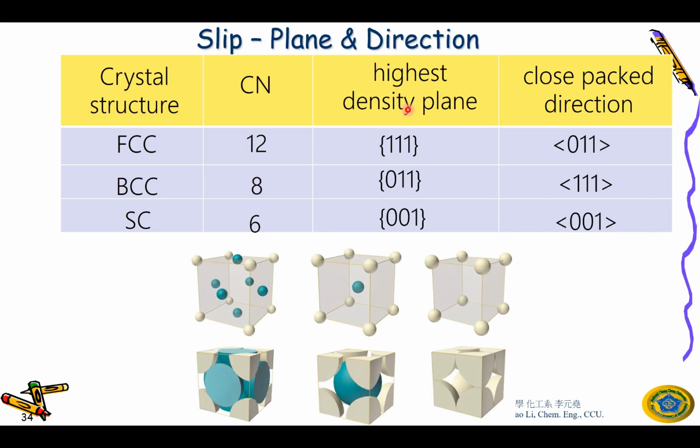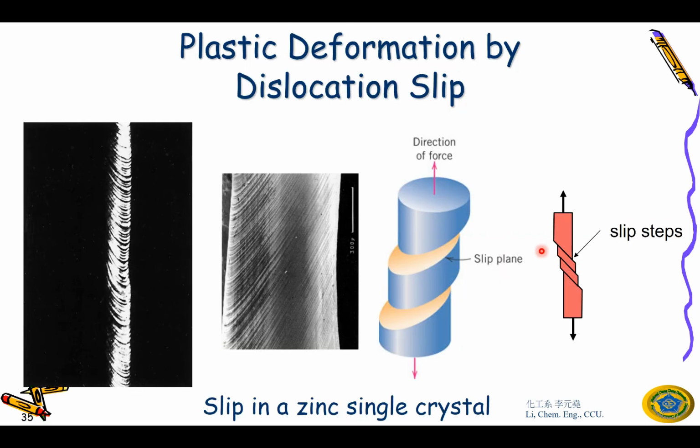Okay, this is the slip system. As you remember, we talked about slip steps. This is a bar of zinc. If you pull from the top and from the bottom, you'll see you make the zinc longer. However, if you take a close look with a microscope, it might look like this, and this is what we call slip.